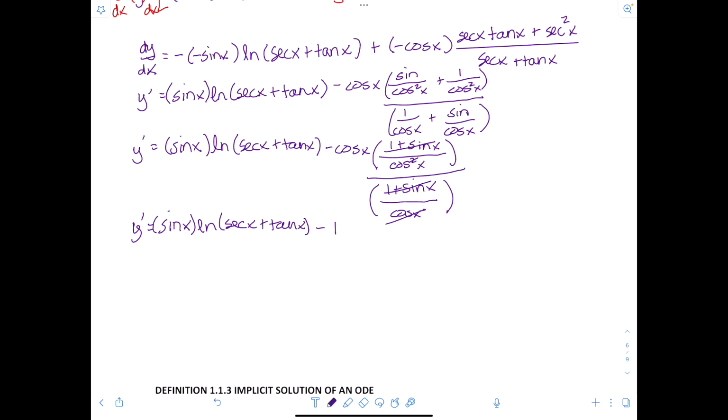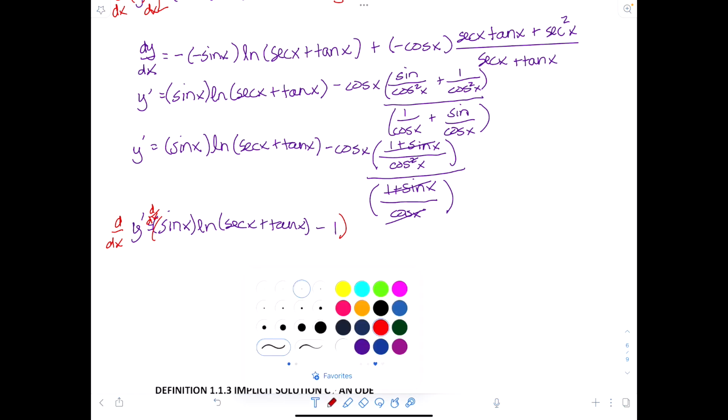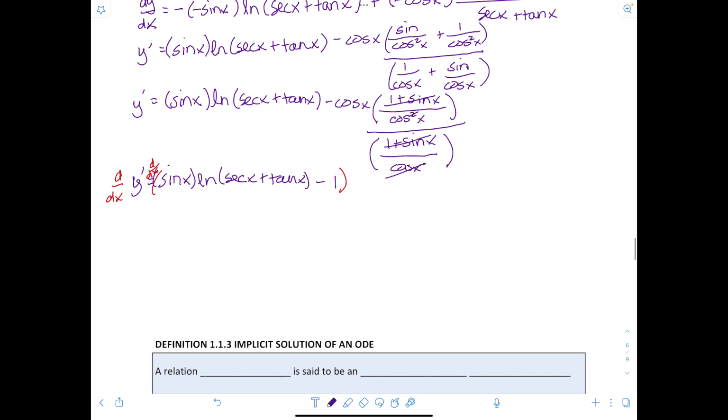All right. So now, let's go ahead and differentiate this result with respect to x on both sides to find the second derivative. So we'll get y double prime is equal to, so all of this again.